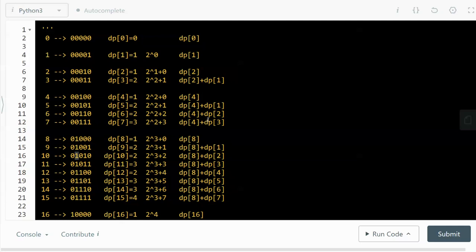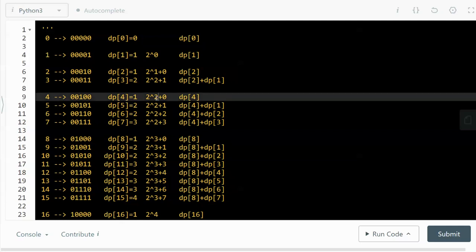So the thinking process is, let's say, 1 can be represented by 2 to the power of 0, 2 can be represented by 2 to the power of 1 plus 0, 3 is equal to 2 to the power of 1 plus 1, and 4 is equal to 2 to the power of 2.